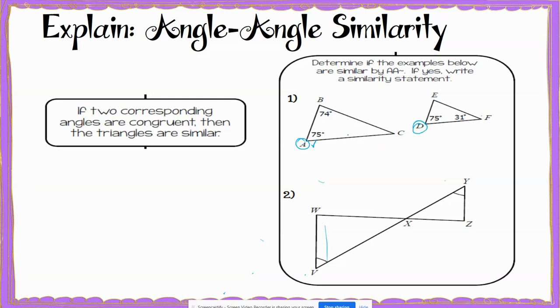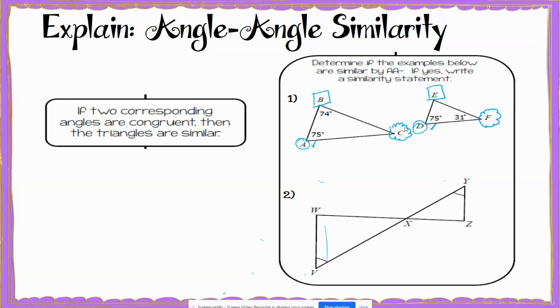So those do have congruent corresponding angles since 75 is equal to 75. The problem is that B corresponds to E, but E does not have an angle measure. And I also cannot compare C to F, even though they are corresponding angles, because even though F has an angle measure, C does not.